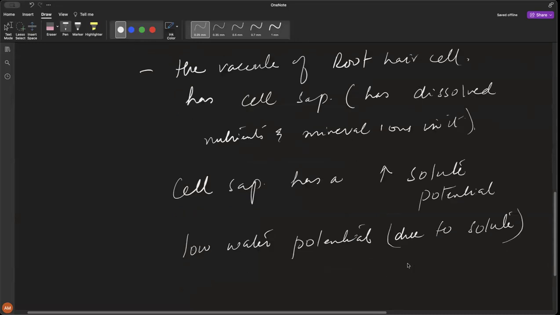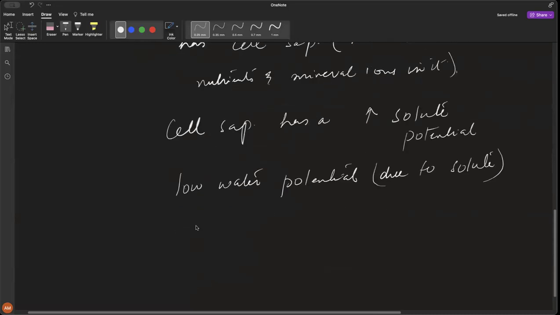It has a low water potential as compared to the soil, which has a higher water potential. Which means that the cell sap is concentrated as compared to the soil outside.